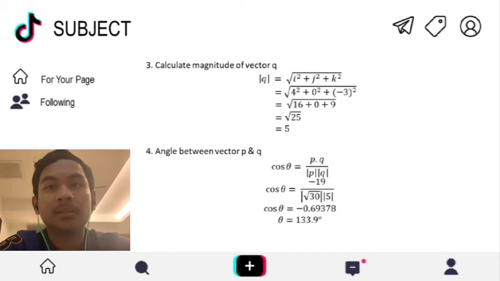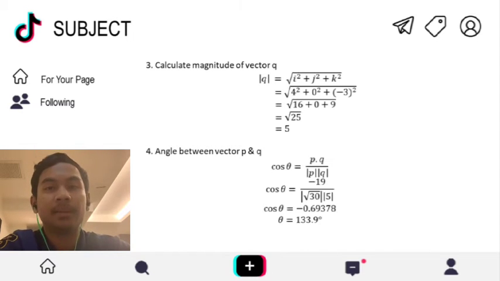Equals root of 4 squared plus 0 squared plus (-3) squared. Then we get root of 16 plus 0 plus 9, and the root of 25 equals 5.